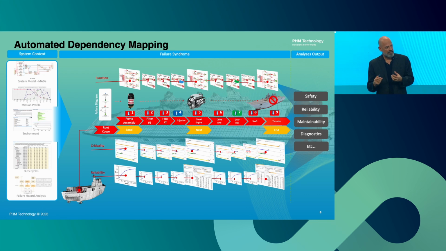And if you think about the fact that people are currently doing this manually, you can appreciate that A, it takes a lot of time, B, it's a subjective process if you're manually documenting this, trying to understand what the impact of any particular component's failure will be on every other component or system in the equipment.